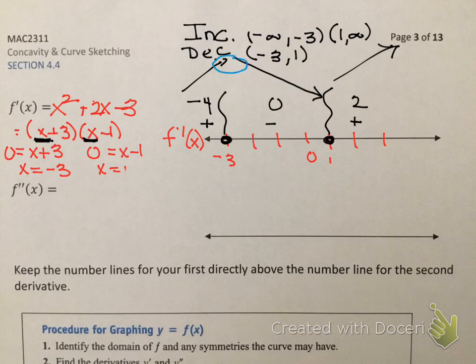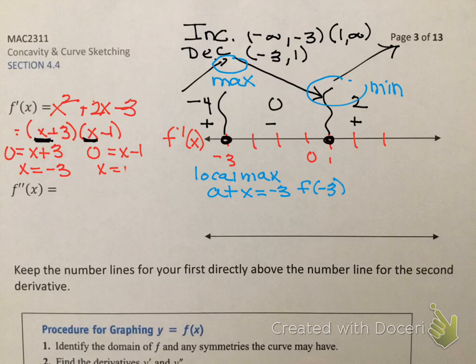I can tell here I have a local max, and here I have a local min. So I have a local max at x equals negative 3. If I want to find the y value, I plug that value into my original function, because I am finding information out about my original function.